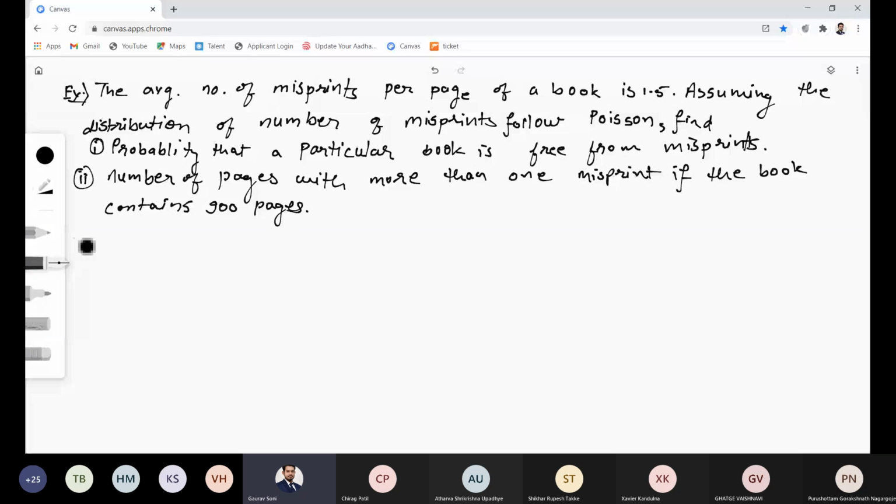So what you are calculating, you will be probably finding the probability for one page, and what you are asked in the second one is in how many pages you will have more than one misprint.